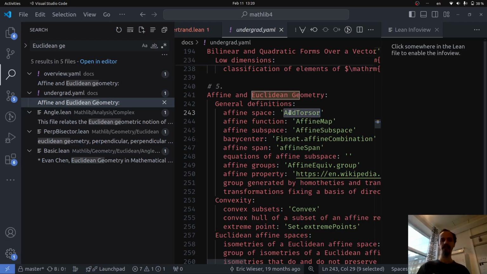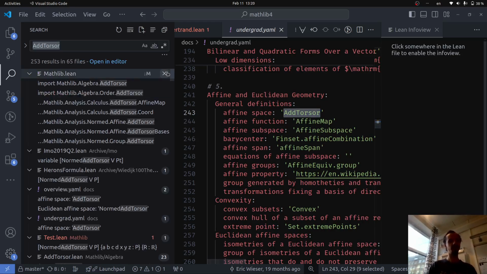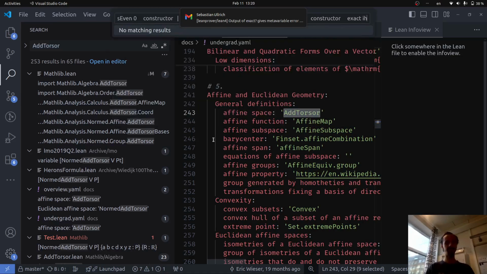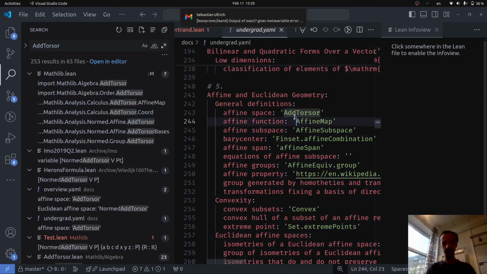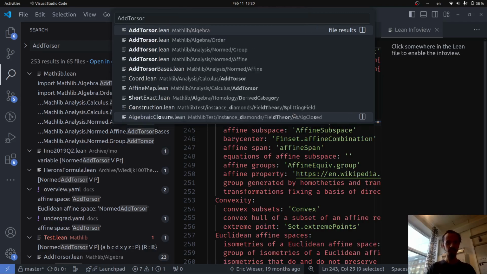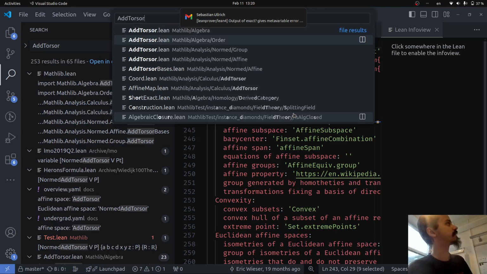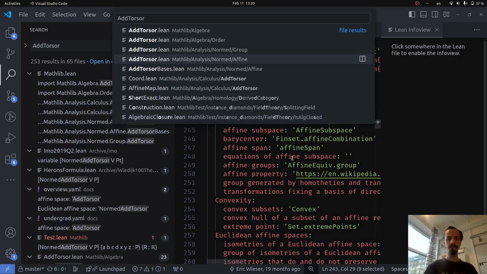So basically this tells us more keywords to search for. Maybe I was looking for affine space, but now I know that AddTorsor is a thing, and if I search for it, I'll find a bunch of files, and there's probably a file called AddTorsor.lean, and I can learn all about what it is and how it relates to normed groups or affine groups, etc.